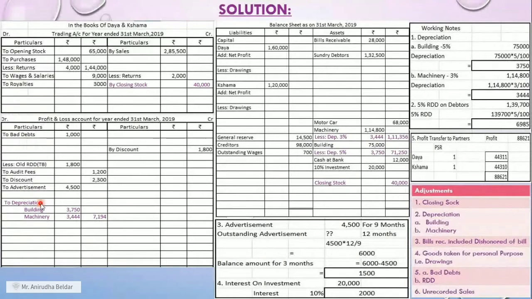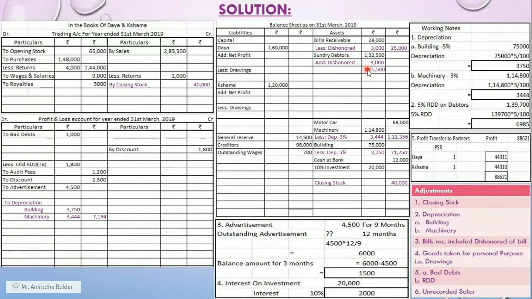Then the third adjustment, bills receivable included dishonor of bill. First we will deduct from bills receivable and add to the debtors. See, less dishonor and add dishonor. Then the next transaction is goods taken for personal purpose, that is drawing.